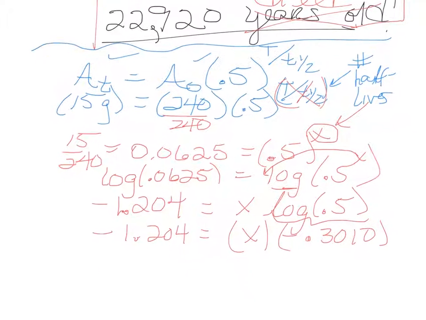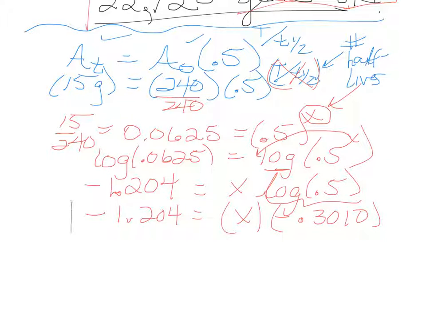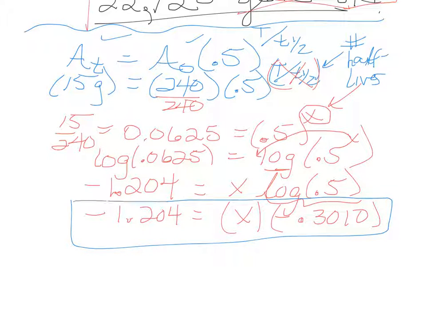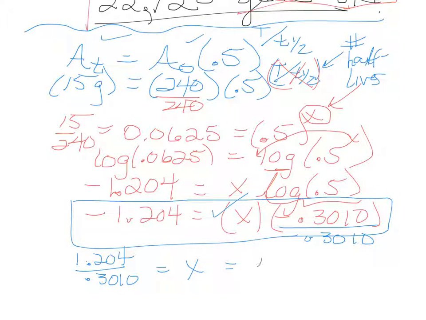All right, so now what we have is this. So let's solve for x by dividing both sides by minus 0.3010. And so now we have, and that then tells us, let's see, that x equals 4.